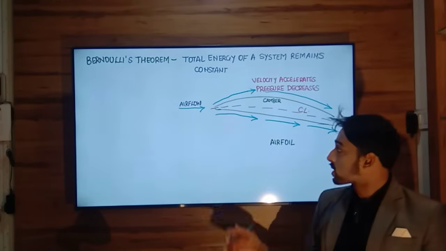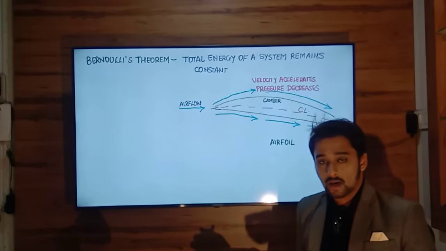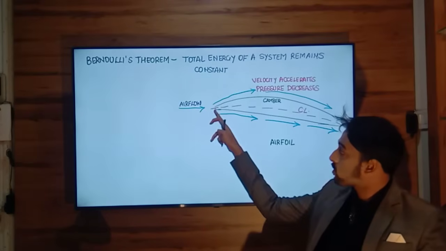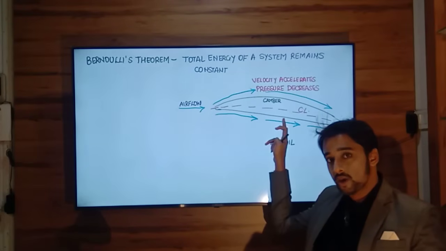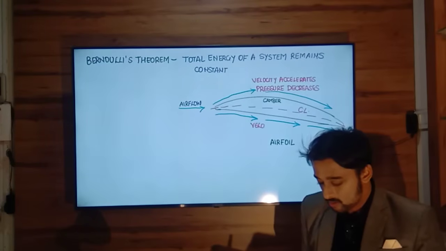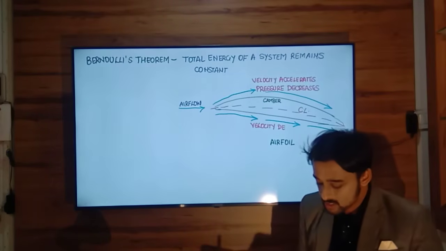Now let's look at the bottom surface of the wing. The same Bernoulli's theorem will be applied here on this surface of the wing. That is, when the branch of airflow follows the lower surface of the wing, its velocity decreases compared to the velocity on the upper surface of the wing. The velocity here will be decreased.